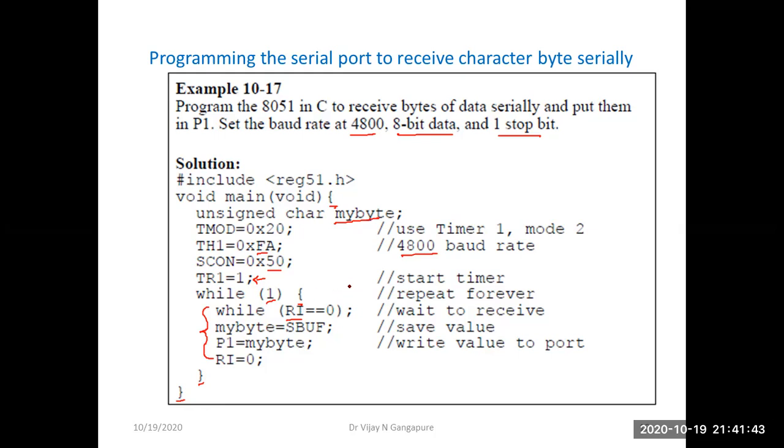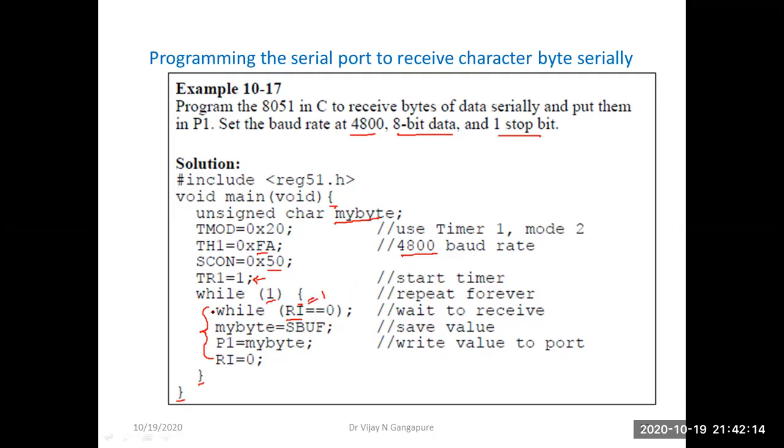While reception, all the 10 bits, consisting of one start bit, one stop bit, and 8 bits of data, will be received via RxD pin of 8051. When all these 10 bits are received, and the start and stop bits are separated, the remaining 8 data bits will get loaded into SBUF, then the RI flag bit will get set to 1.